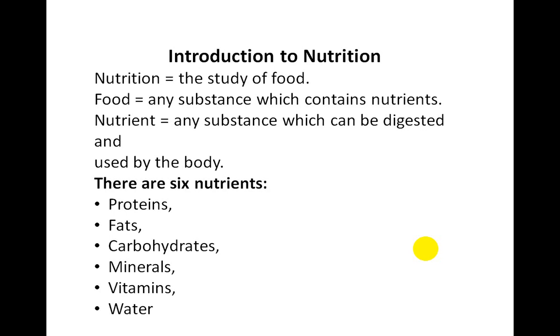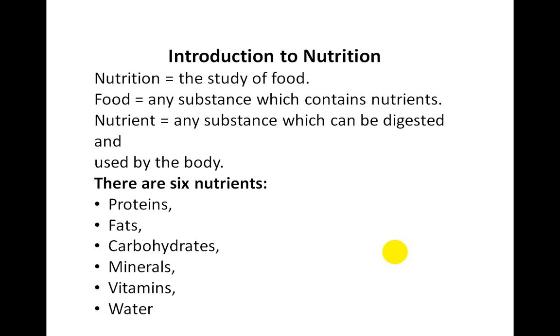Number 2, bodybuilding foods: food rich in proteins such as meat, liver, fish and pulses. Third, protective foods: food enriched in proteins, vitamins and minerals such as fruits, green leafy vegetables, liver, eggs, milk and fish.